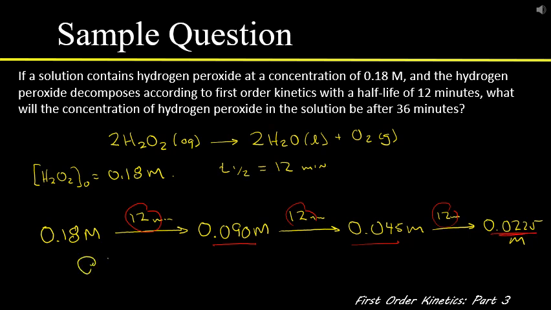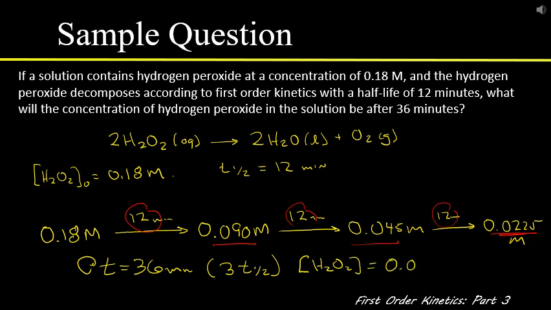So at 36 minutes, which is 3 half-lives, I apologize, getting a little sloppy. Concentration of the hydrogen peroxide will be 0.0. We've got 2 sig figs in there, so we'll round to 2 sig figs. 0.022 molar. Okay.